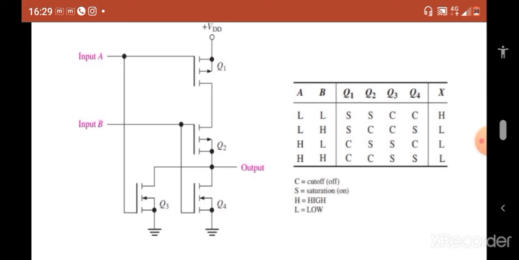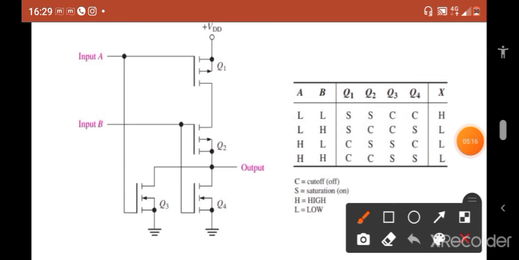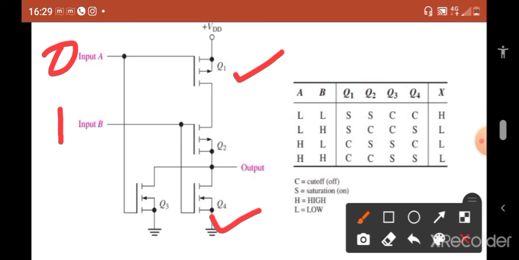What happens if I put this one as 0 and this one as 1, low and high? Then Q1 and Q4 will be on, but Q2 and Q3 will be off. So due to that, we can see that the output will be low.